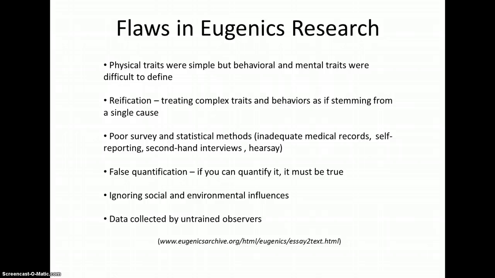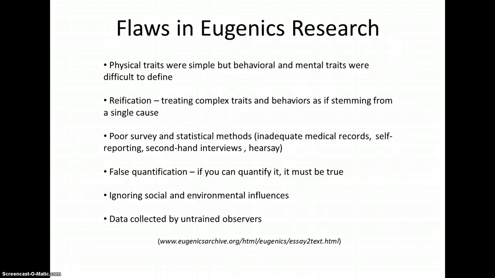Some of the flaws in the research. It's easy to quantify and define physical traits such as what color is your eye, what kind of hair do you have, how tall are you, how big around is your head. Those physical traits are very easy to look at. But when we come to behavioral and mental traits, those are more difficult to define and difficult to measure.